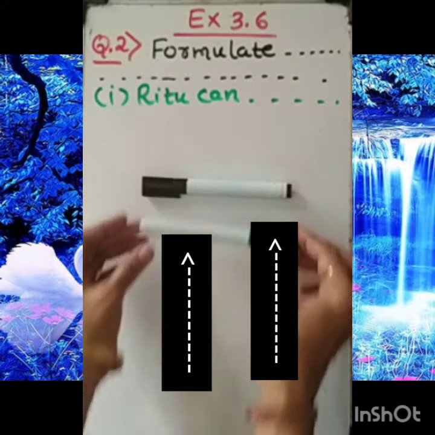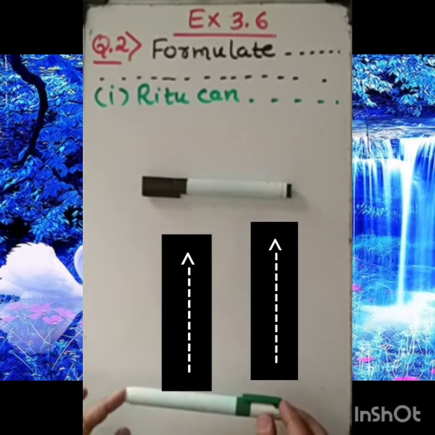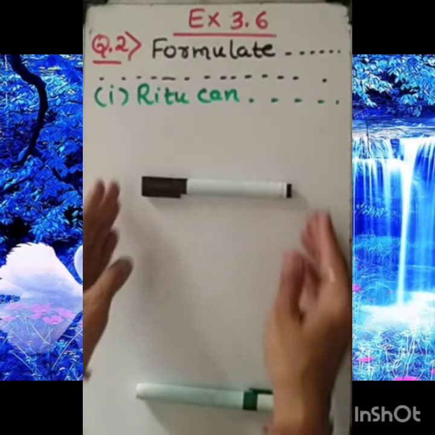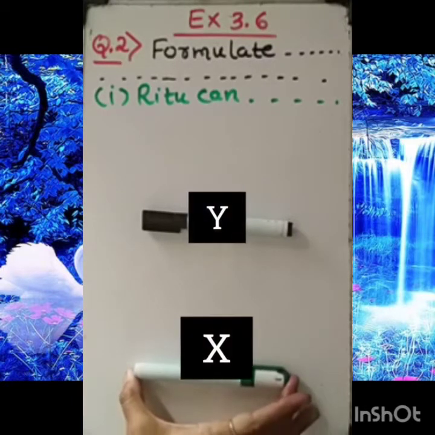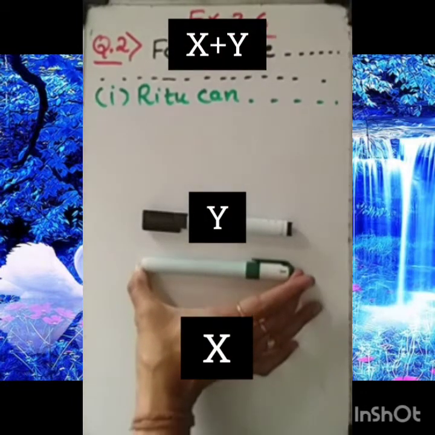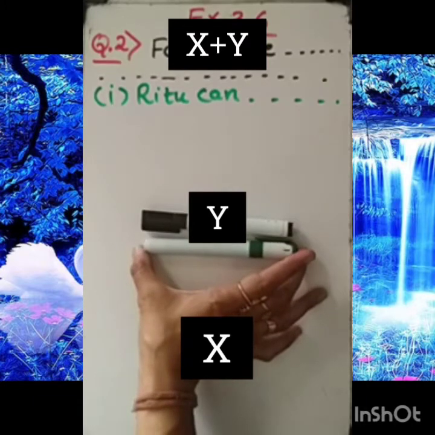Now I am considering your speed as x and the speed of the stream as y. When you are rowing in the same direction, the speeds are joined, so x plus y.